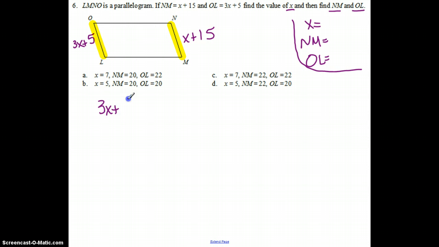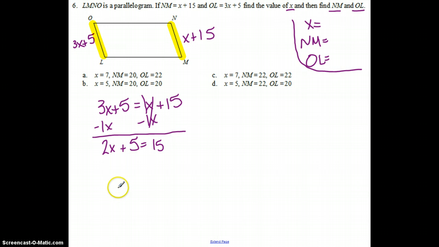So 3x plus 5 is going to have to equal x plus 15. Add my 1 there. Subtract 1x from both sides. So it's 2x plus 5. These cancel and I get 15. I'm going to subtract 5.